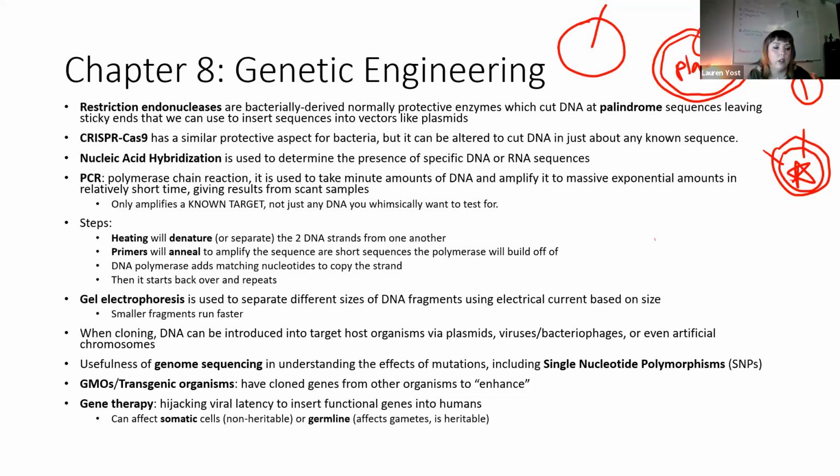So then we have the concept of gene therapy, that is using viral latency to insert functional genes into humans, as well as incorporating those into our somatic or our germline, depending on when in your life we are treating you or how we are treating you and things like that.